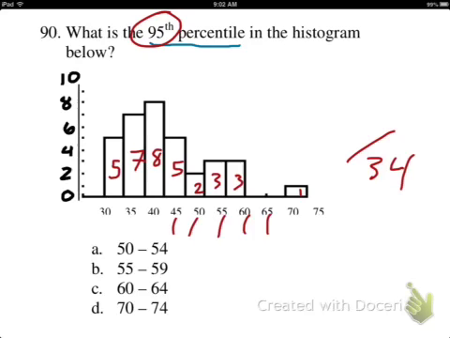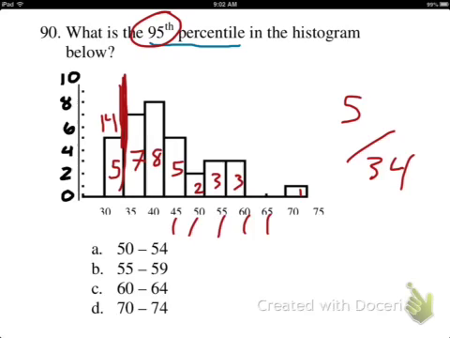Let's just start here. So how many people are below this age right here, the age of 35? Well, it's going to be 5 divided by 34. If you pull out your calculator and do 5 divided by 34, that gives you 14%. So 35 would be the 14th percentile because 14% of the people are below 35.